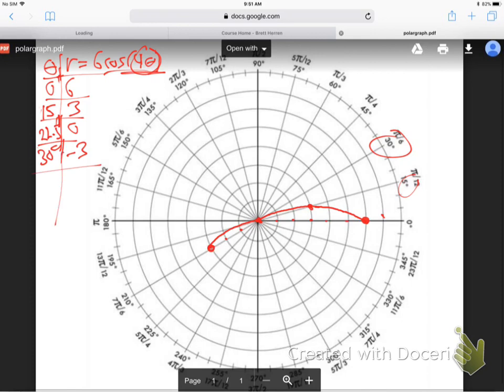So after 30, now I'll just go on to 45. Type in 45. What is that? 180. Cosine of 180 is negative 1. Negative 6, I think. So when you aim the cannon at 45, it's going to shoot back 6. So that's going to be 1, 2, 3, 4, 5, 6 right here. So see what it's doing? It's drawing this branch. Keep going.